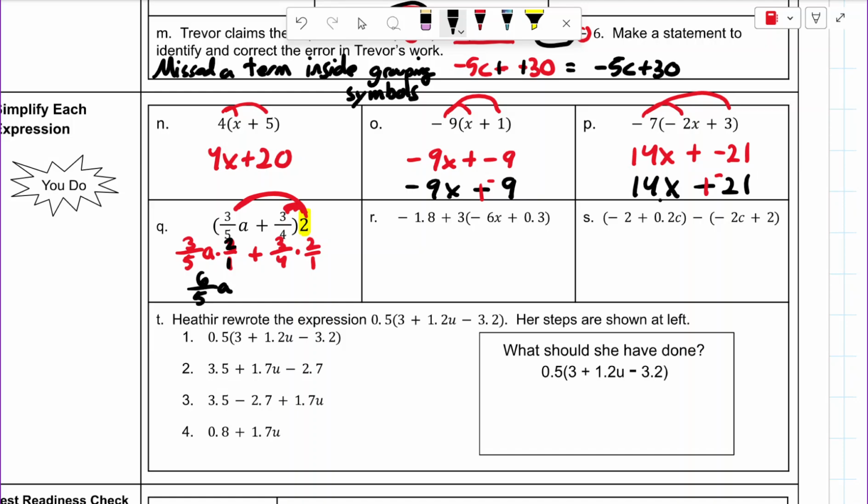So 6/5 a plus 3 times 2 is 6, and 4 times 1 is 4. Now, you can simplify 6/4, or you could have remembered something from elementary school, cross reduction. 2 goes into 2 once, and 2 goes into 4 twice, which would have given you 6/5 a plus 3 over 2.